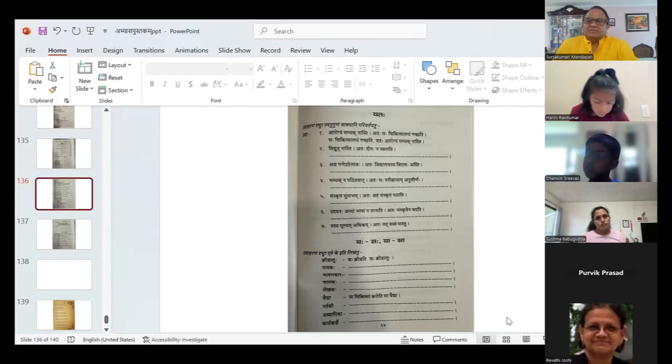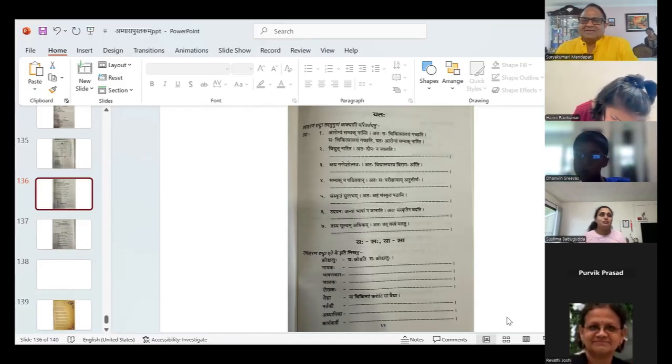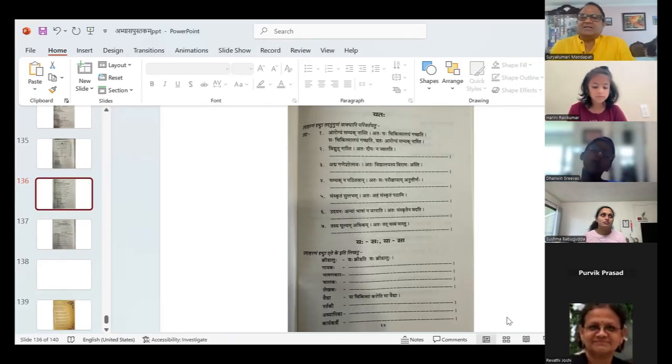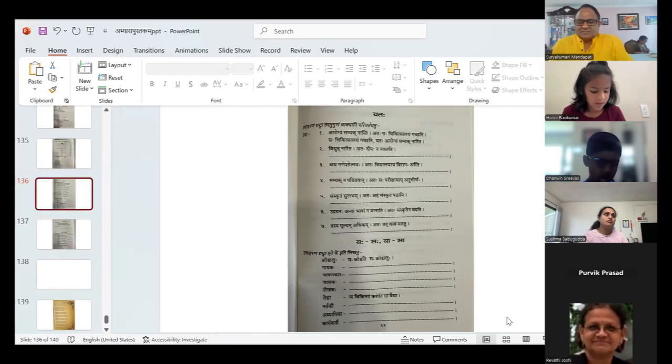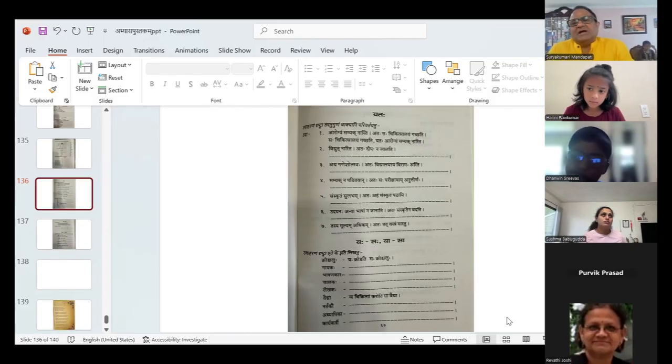अद्य संस्कृतवर्गः अस्ति अतः मम अतीव आनन्दः. अहम् आनन्दम् अनुभवामि यतः अद्य संस्कृतवर्गः अस्ति.